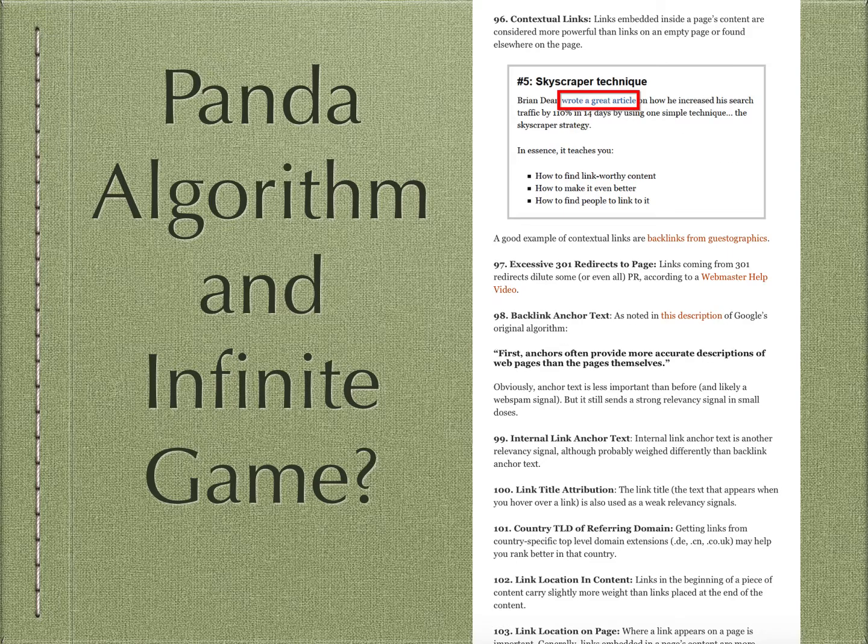Now, between factors 96 to 103, they also mention link title attribution, backlink anchor text, and also the context and the meaning of that. For example, I think we can check whether the contextual part makes it ambiguous or not.